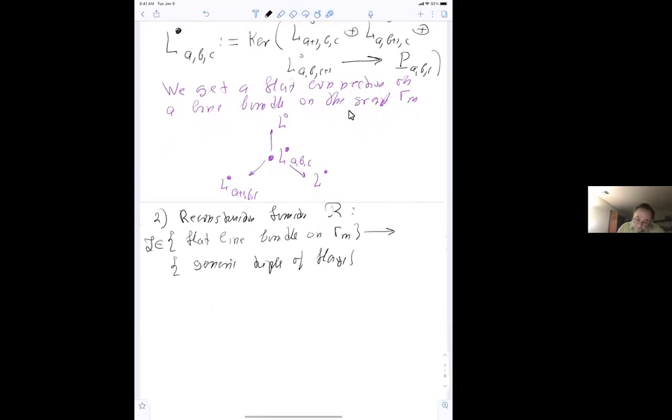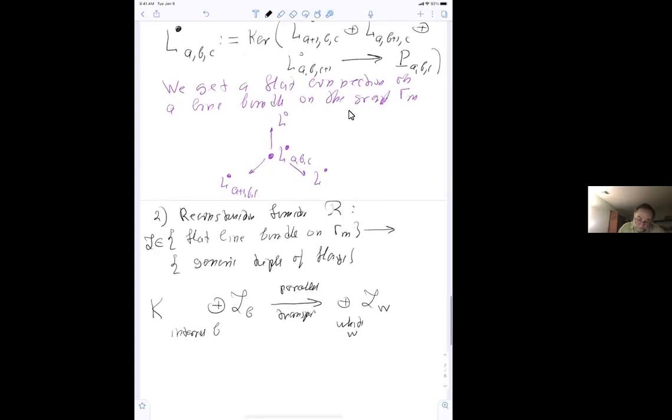And then what you do, you take the direct sum of fibers of this flat line bundle in all black and white vertices. So this is internal black and this is white W. And then by using the parallel transport connection, you get an operator which acts from the first direct sum to the second one.